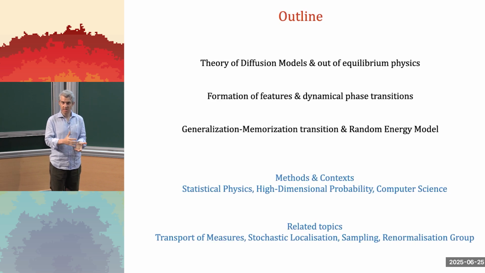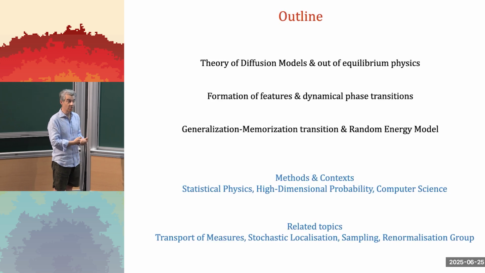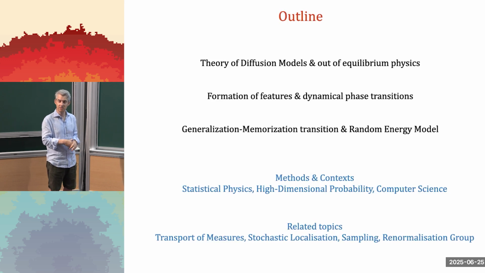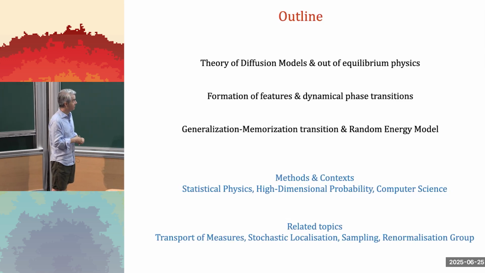And you don't want this. You want to be in another phase, which is called generalization, in which you create images that the system has never seen. And we will see that actually this transition, well, is not fully understood, but I will tell you one part that we have understood, and the part that we have understood is nicely related to a problem in disordered systems and to the random energy model that Gerard already discussed a bit.